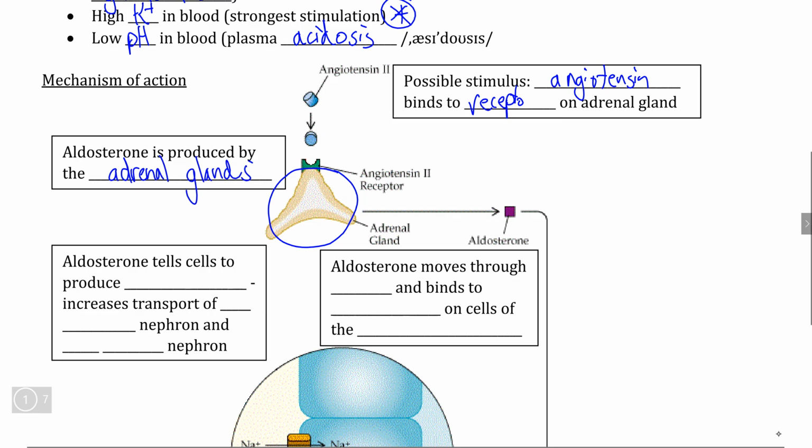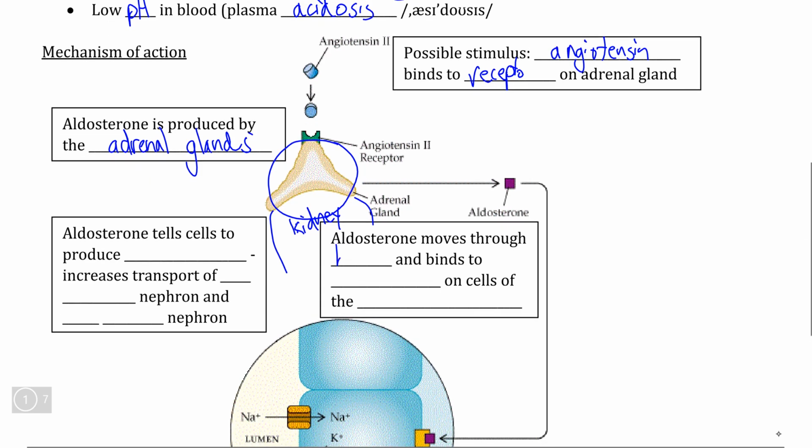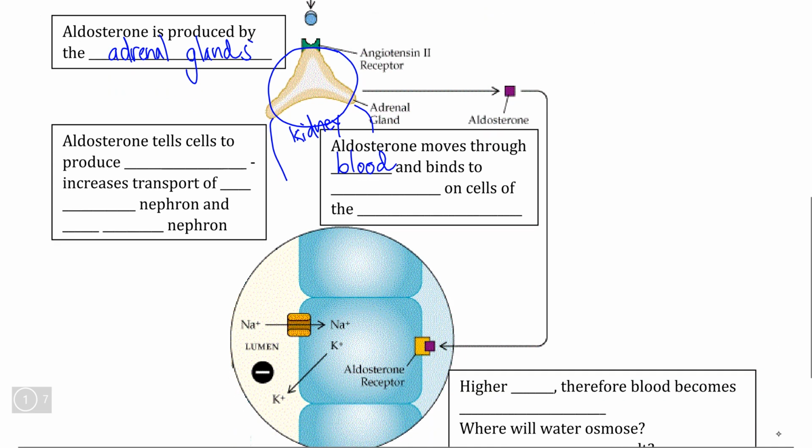And it's possible that this is the location of aldosterone production because the adrenal glands are located directly above the kidneys, which means that transporting aldosterone from the adrenal glands to the kidneys via the blood is relatively easy to do, and that's exactly what happens.